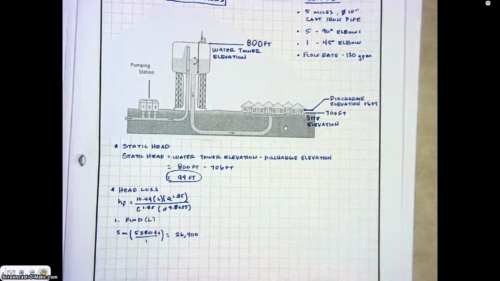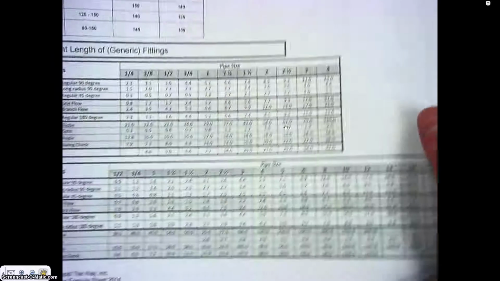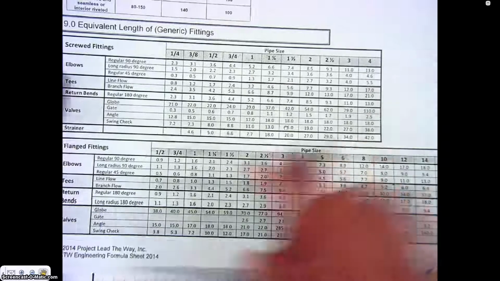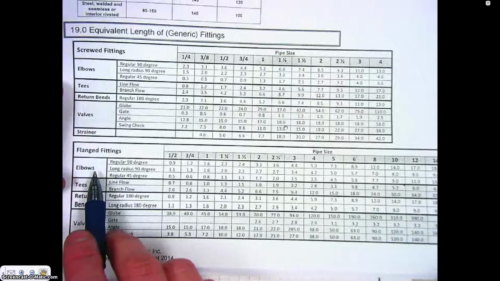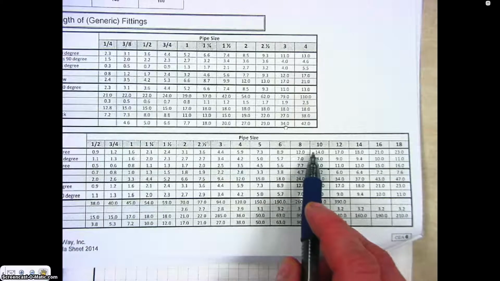The second thing we need to do is look at our equivalent length for generic fittings. If we look at this, we can see that elbows for 10-inch pipe have an equivalent length in feet of 14.